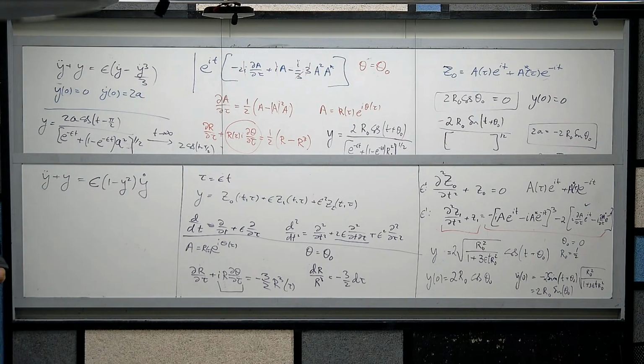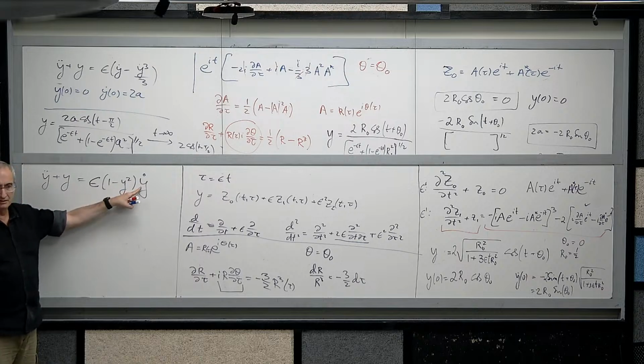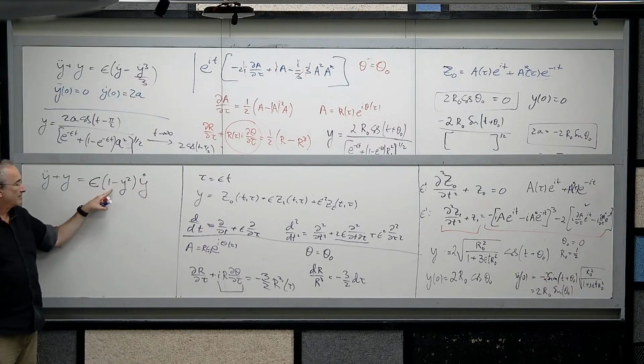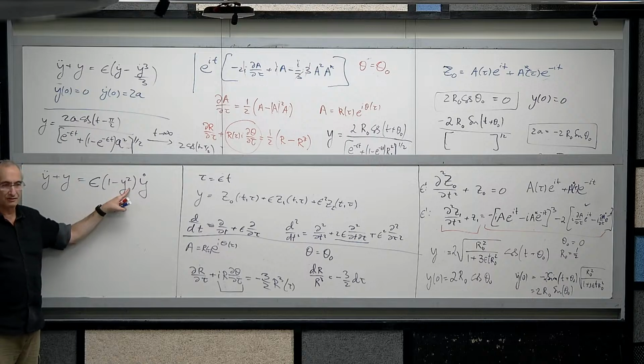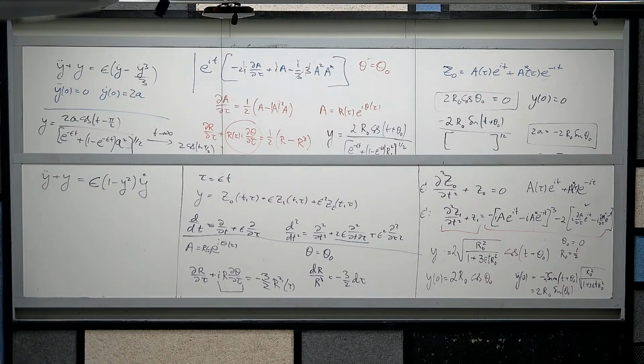What's the trick here? If y is very small, then y squared is negligible with respect to 1. In such a case, we have negative friction, and the amplitude of oscillation will go up. If, however, y becomes larger, if y is large, then we have a positive friction, right?